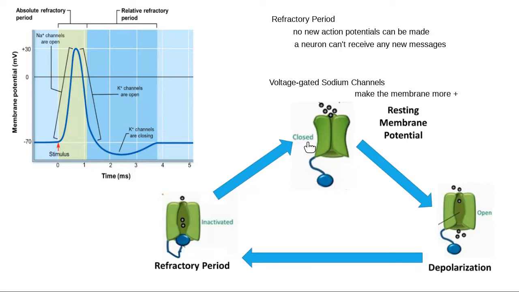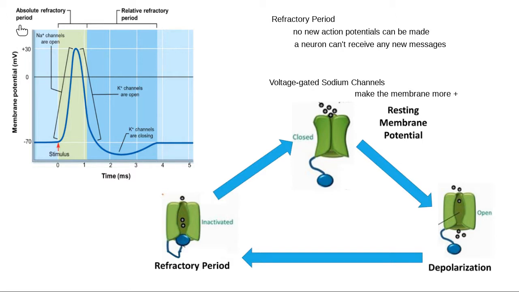The reason we have the refractory period where a neuron can't receive any new messages is because when a neuron receives a message, what it does is it opens up these channels. These are the channels that open when we hit threshold because we received a message. These are channels that are opening up to allow us to respond to that message.